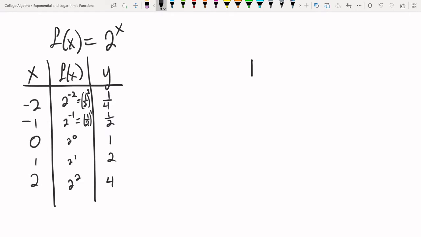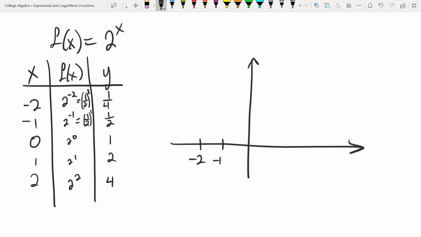So let's plot these points. We have -2, -1, 0. That's the origin. 1 and 2. Then I'm going to go 1 here. Give myself enough room. 2, 3, 4.